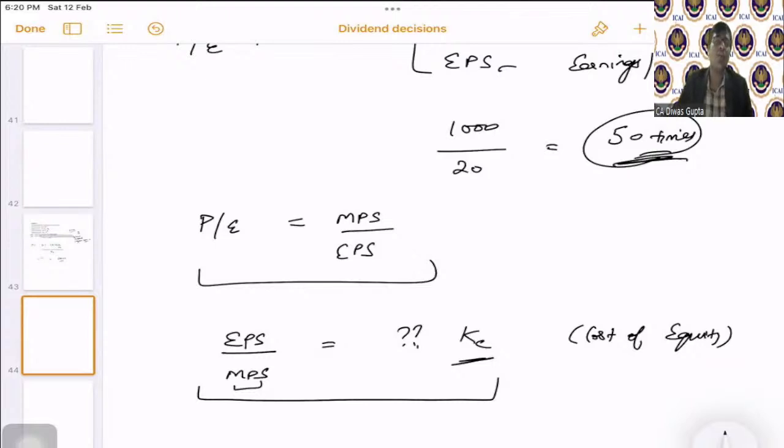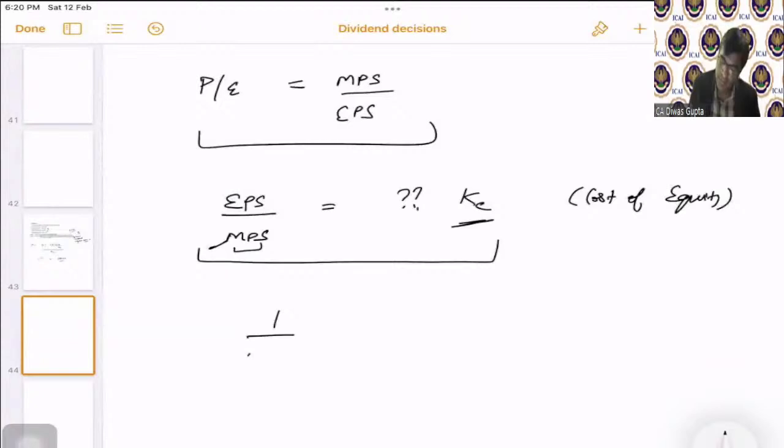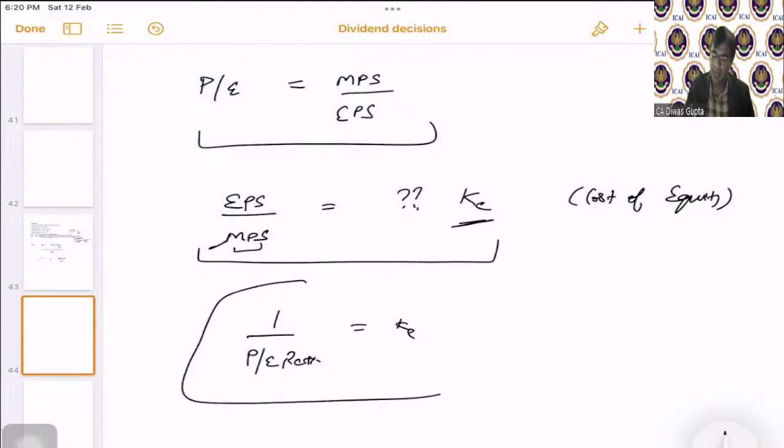The cost of equity is this much, because today, if the company wants to go and raise some funds, the company will be able to raise at this much. And if the investor wants to invest, the investor would also be able to invest at MPS. Hence, we say that EPS by MPS, or 1 by PE ratio, is equal to KE. This is a very important relationship, students. Yes, Gajar, cost of equity, right?